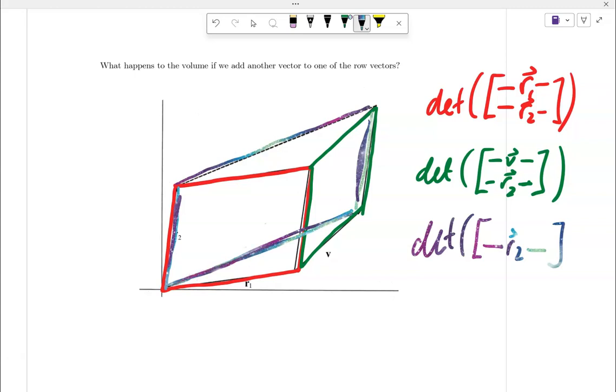I'm just drawing over this again and changing the star pattern as I do it. That bottom piece here, graphically, what vector is that? It's R1 plus the V, right? So this first row would be R1 plus V. All right, change out of sparkle mode.